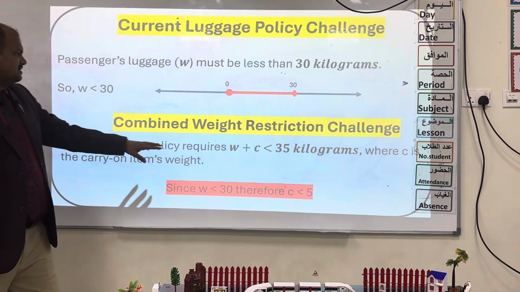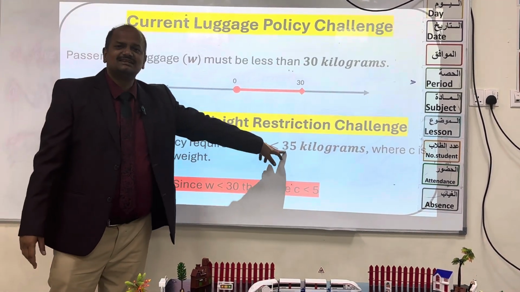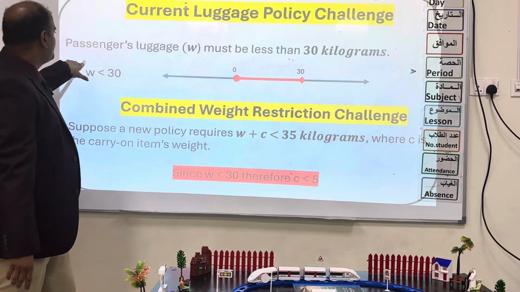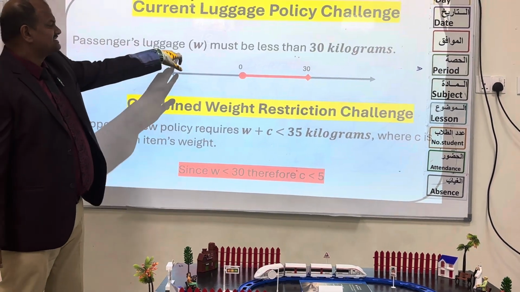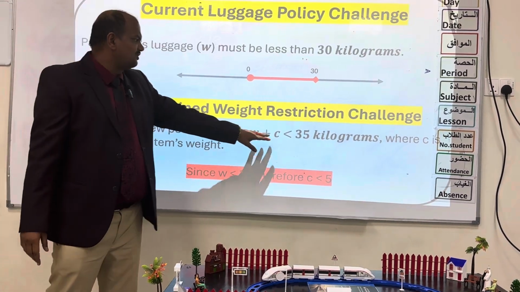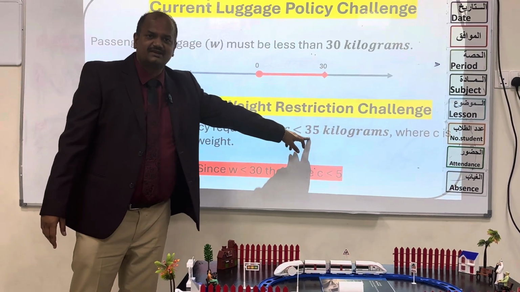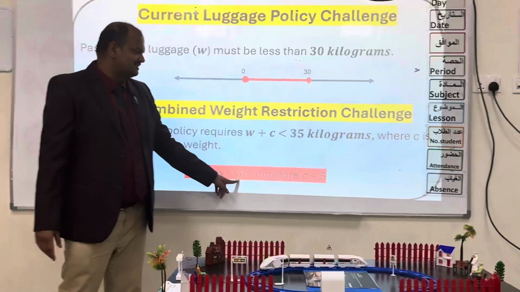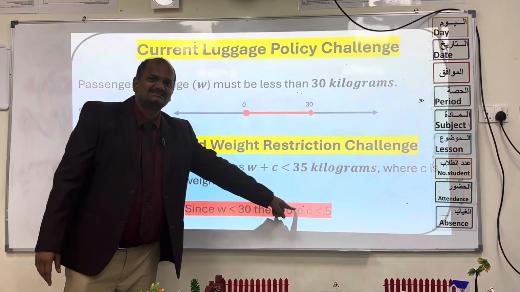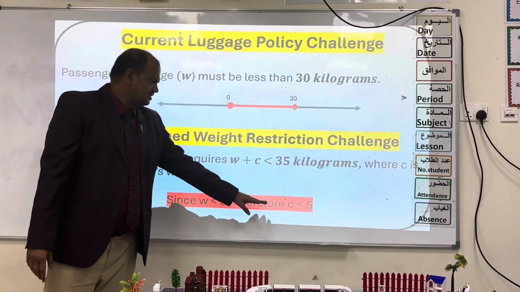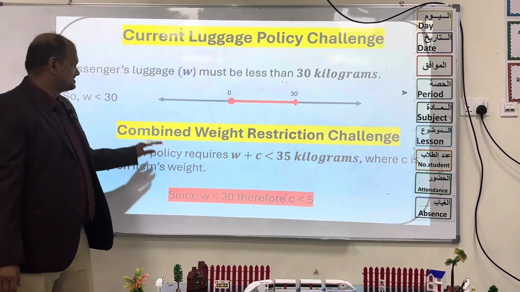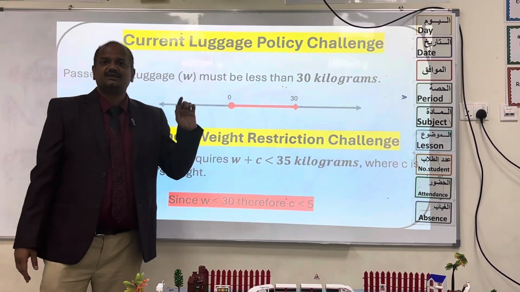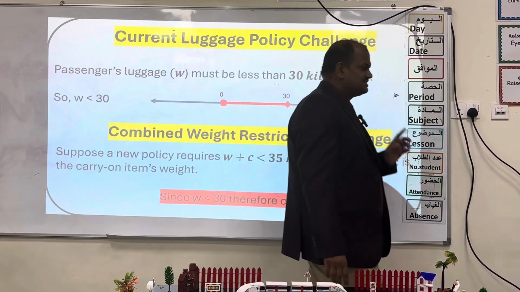So they say W plus C must be less than 35. 30 was for the passenger's luggage, and then 5 kilo extra because it has to be less than 35. Since W is less than 30, C must be less than 5. Okay, so both the variables have restrictions. W and C both have the maximum value condition.